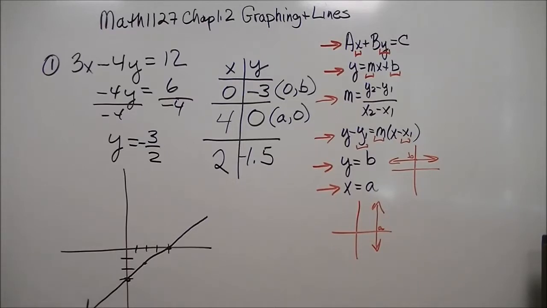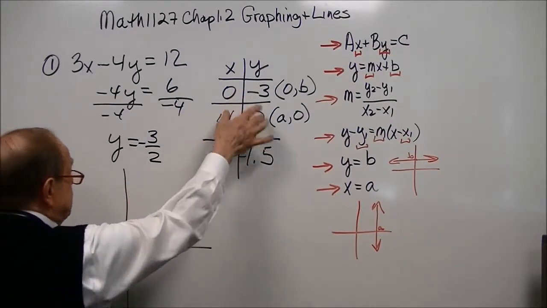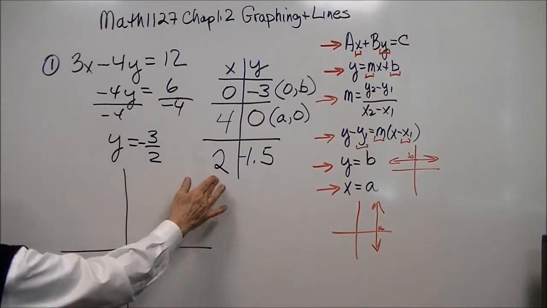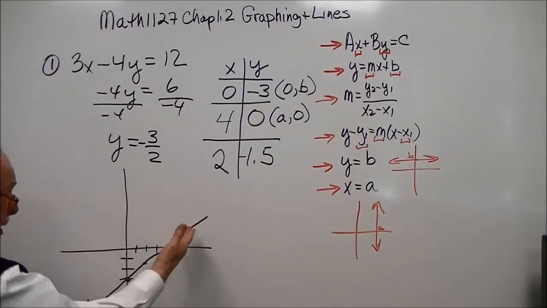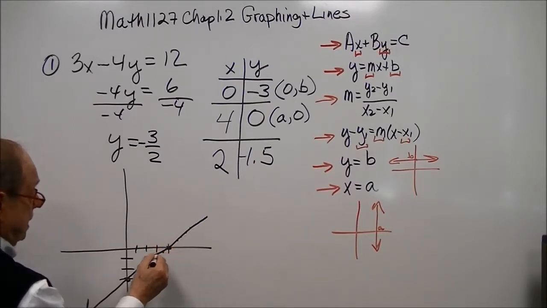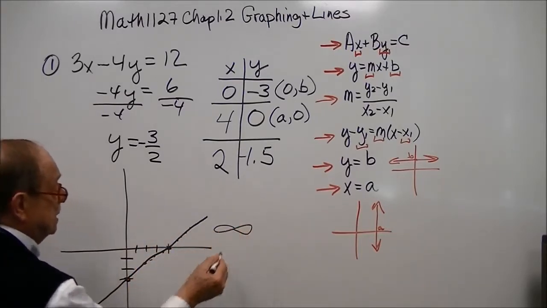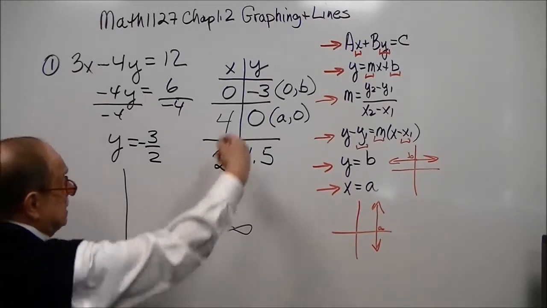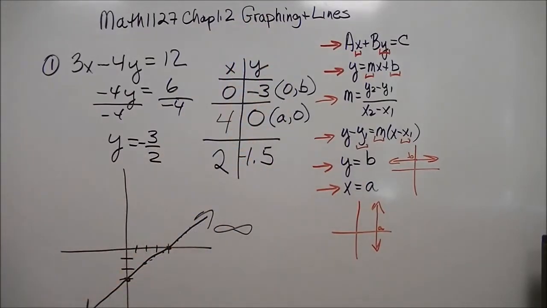So again, we have an equation in standard form. We're going to use that special T-chart. Actually, we just need 2 points to graph it. I put in an extra point to show you that it would be in the line. In fact, along this line, there's an infinite number of ordered pairs, because this line extends to infinity that way and infinity this way.